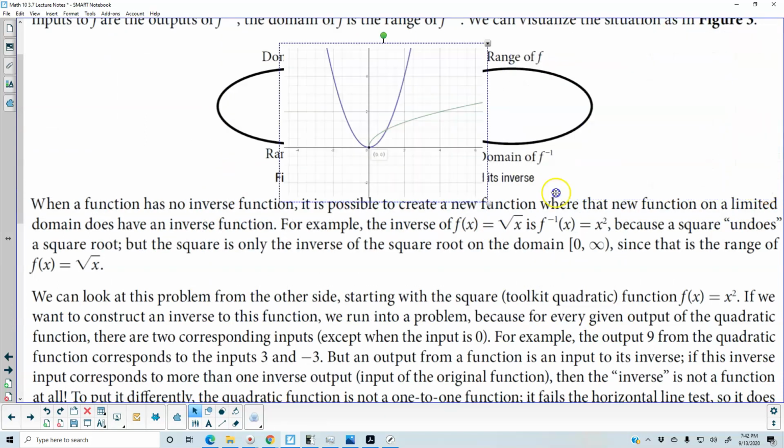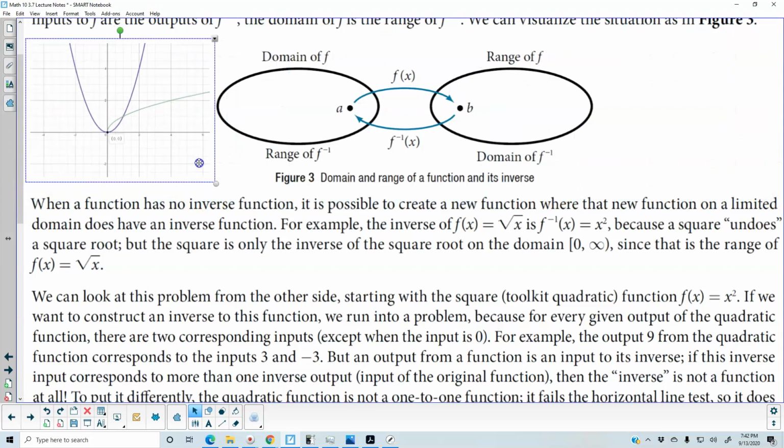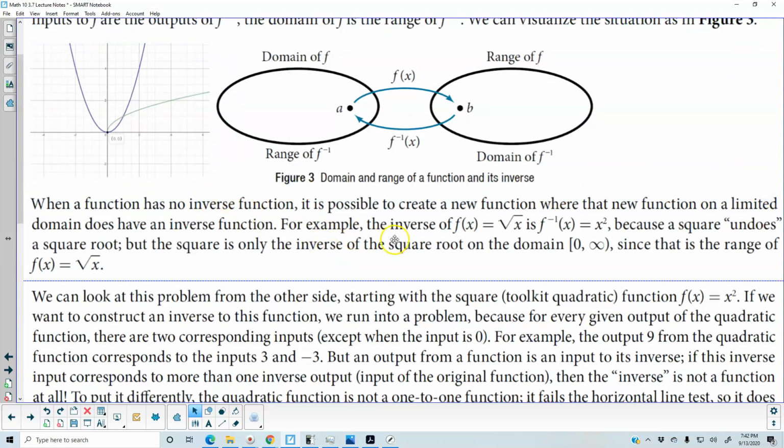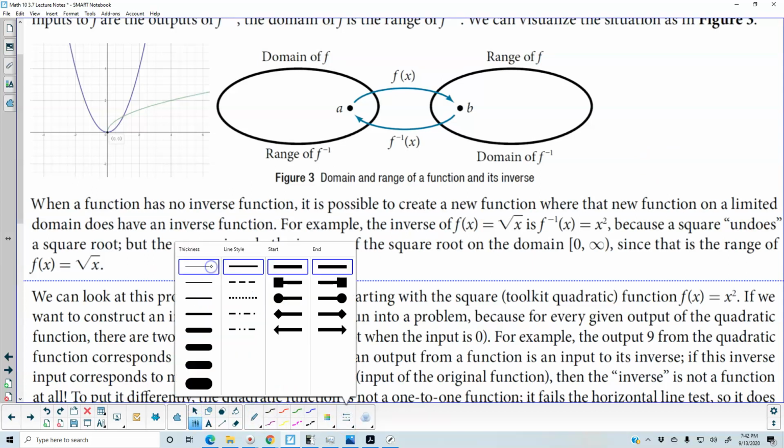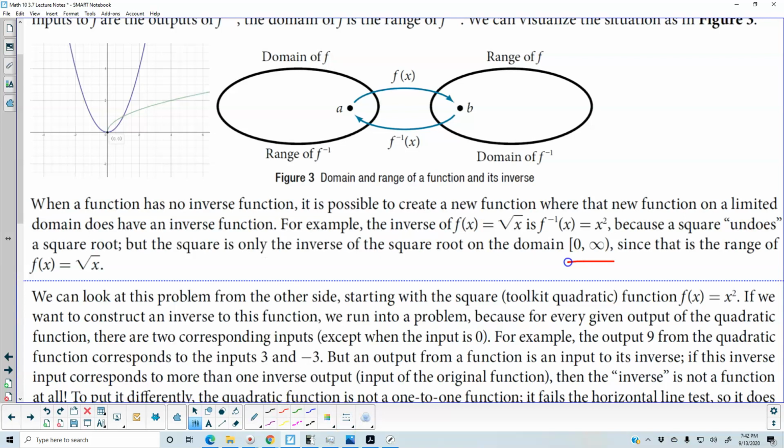Okay, so looking at this, I want you to again look at this question. It says the inverse of f of x equals the square root of x is f inverse of x equals x squared, because the square undoes a square root. But the square is only the inverse of the square root on a domain from 0 to infinity. So what it's saying here is that the domain has to go from 0 to infinity.